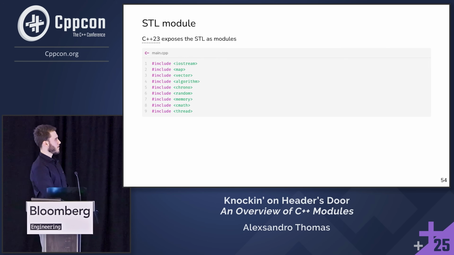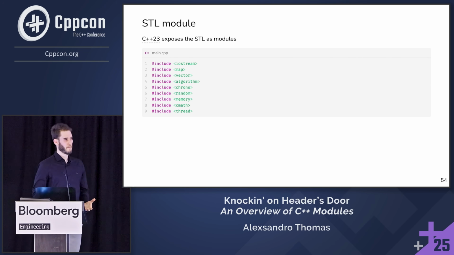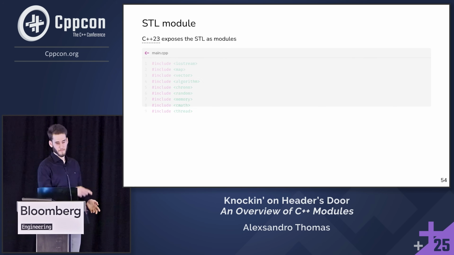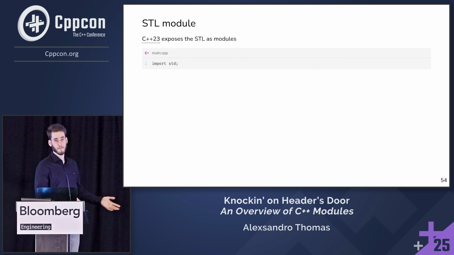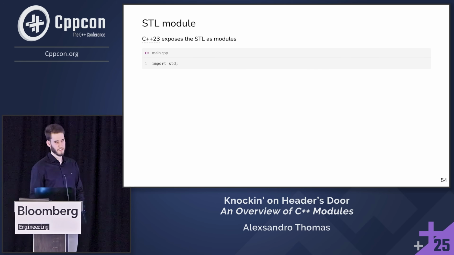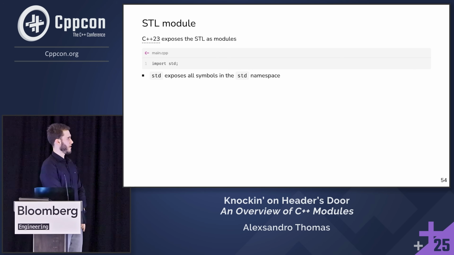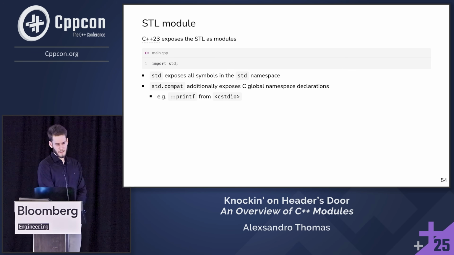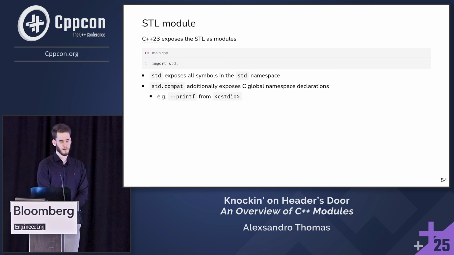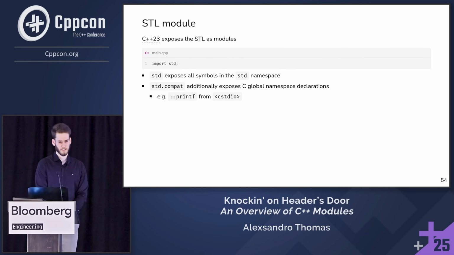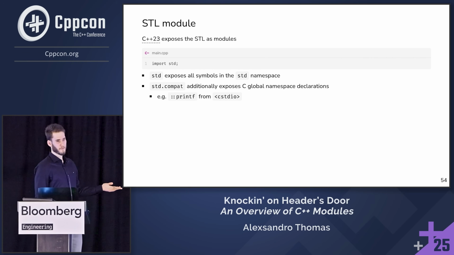If you had all of these includes and then you have all of this cognitive overload of having to remember which functions are defined in which header, what you can do is just import std, and you have all of the definitions in the std namespace available to you. It just exposes all the symbols. There's also the std.compat module that additionally exposes the C global namespace declaration. So if you use printf from C++ for whatever reason, you can do that.